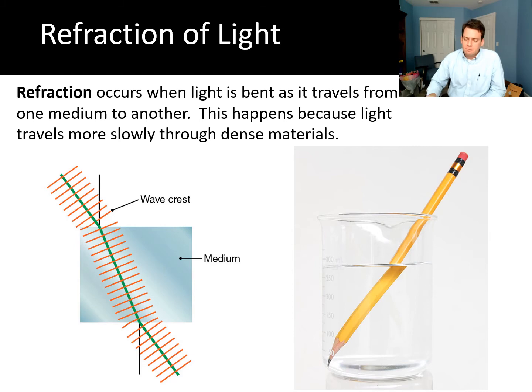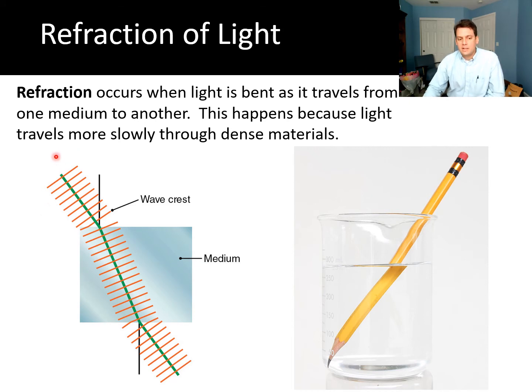For us right now, we're going to focus on the qualitative aspects, so we're not going to draw a whole lot of pictures like this. What's being shown here is that the green represents a beam of light, and these red lines, which are perpendicular to that beam, are known as wave fronts or wave crests.